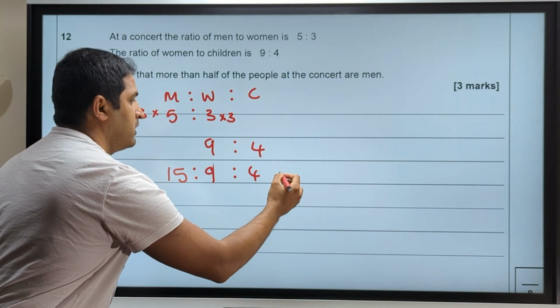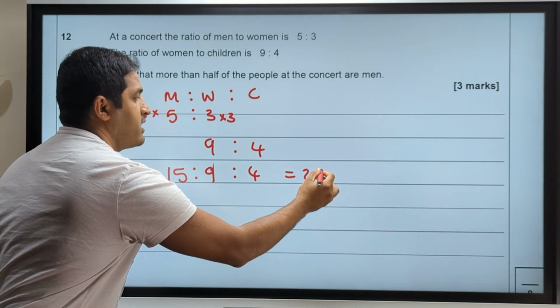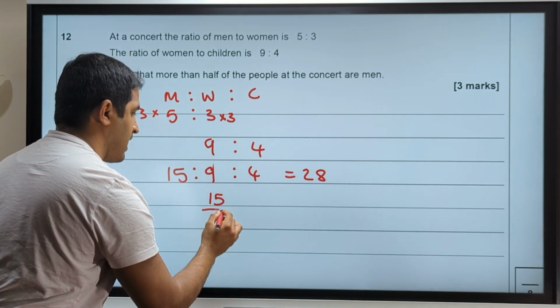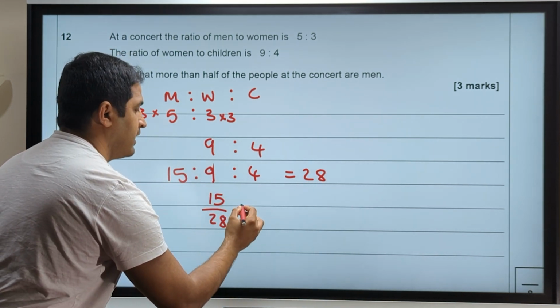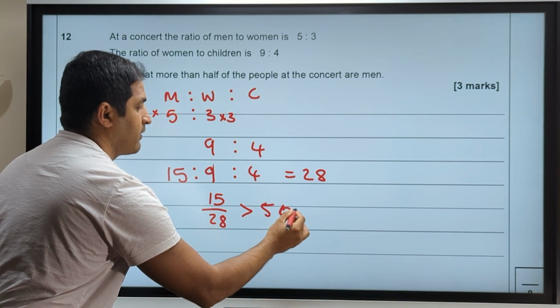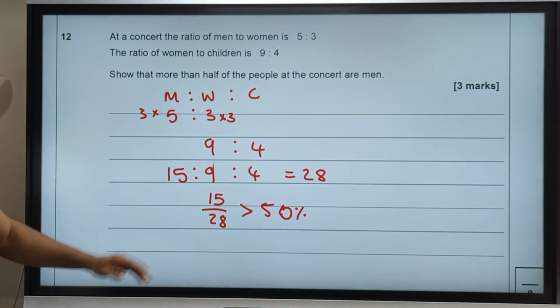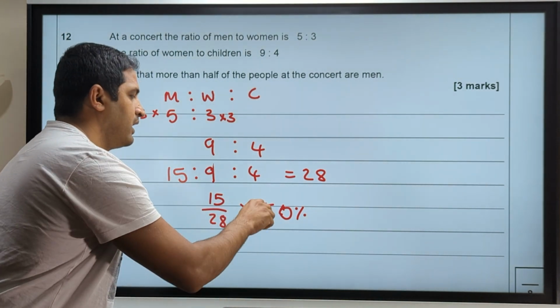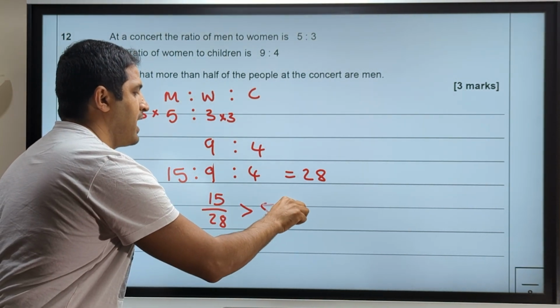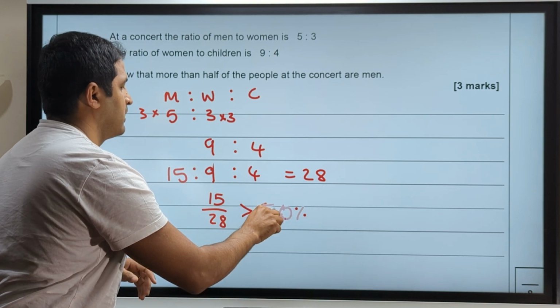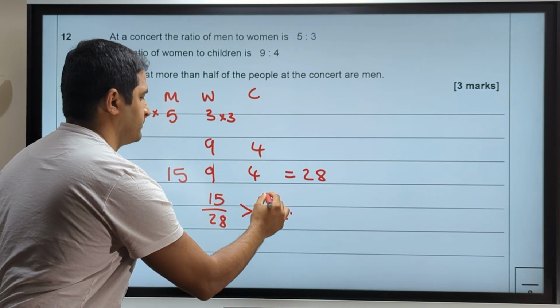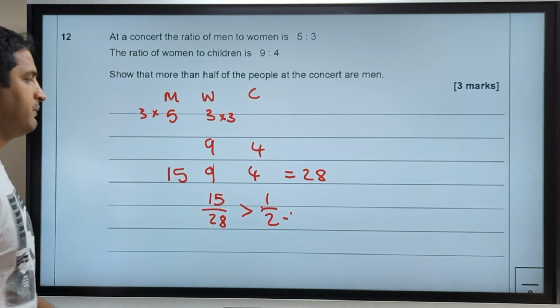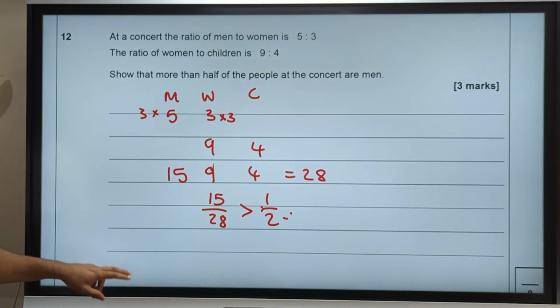So we're saying the total there is 28. So 15 out of 28 is greater than 50%. More than half is greater than half, or 50%. Whatever you want to call it, you can do that. Let's put that as a half if you needed to. So 15 over 28 is more than half.